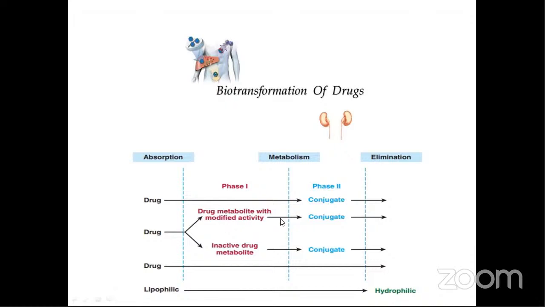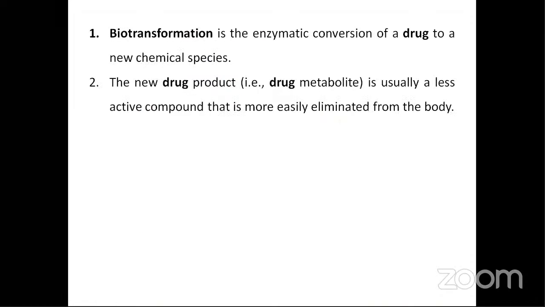They may go to phase 2, or be metabolized directly by phase 1. Sometimes drugs undergo phase 1 followed by phase 2, and some are metabolized directly by phase 1. We can discuss examples on the next slides.